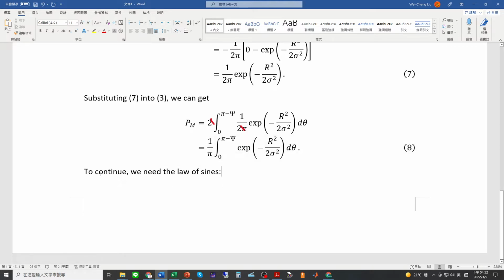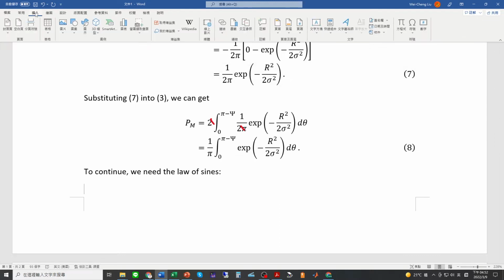To continue, we need the law of sines. Do you remember what the law of sines is? You have learned it when you were in senior high school. Let us review the law of sines.